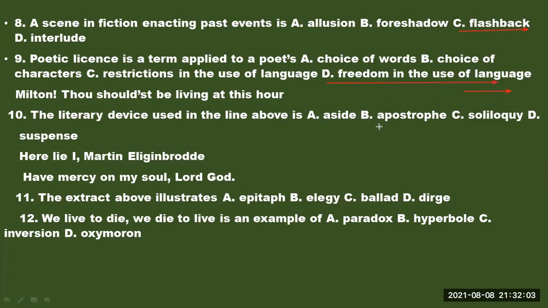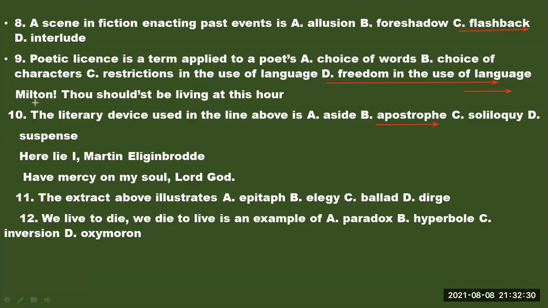So apostrophe is actually the answer here, because apostrophe is a literary device that is used to address an absent entity, something that is non-existent at the time of address, such as you will find here.